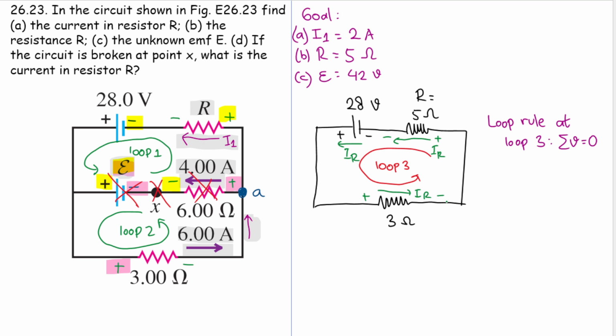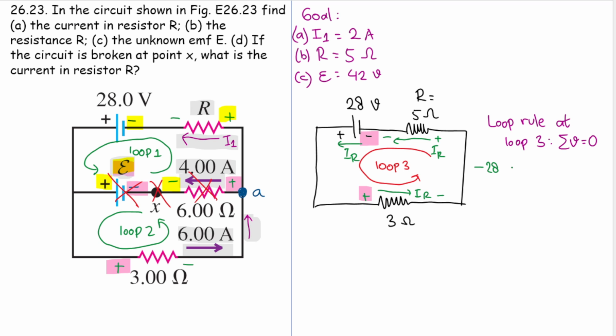Okay, so we start from this 28-volt voltage source, and the loop goes from the negative terminal. So I will have minus here. Okay, so I have minus sign, and the voltage will be 28, right? Okay, now let's move on to this 3 ohm, and the loop enters from the positive terminal.